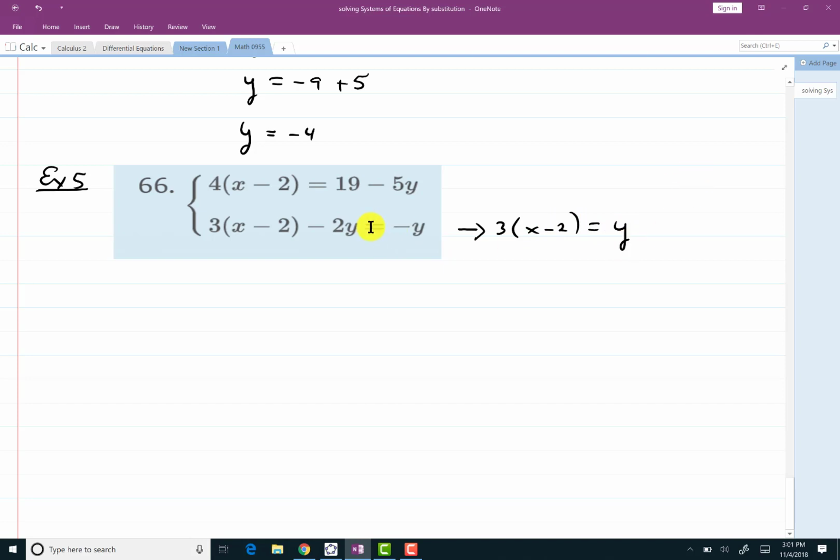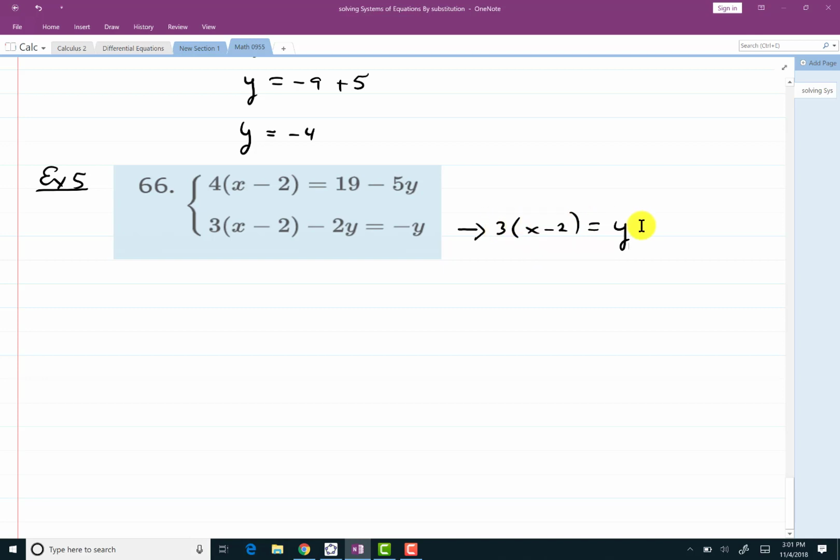How did I get that y? I added 2y to both sides of this equation. So in fact, I do have y by itself. You can multiply through if you want, but I don't see a reason to do it.